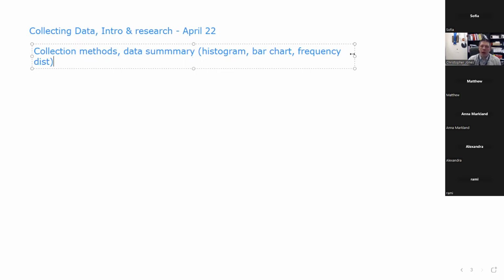And when I'm talking about collection methods, I'm talking about: did you use simple random? Did you use convenience? Those sorts of things. And then talking about any anomalies that might have occurred with respect to your collection.